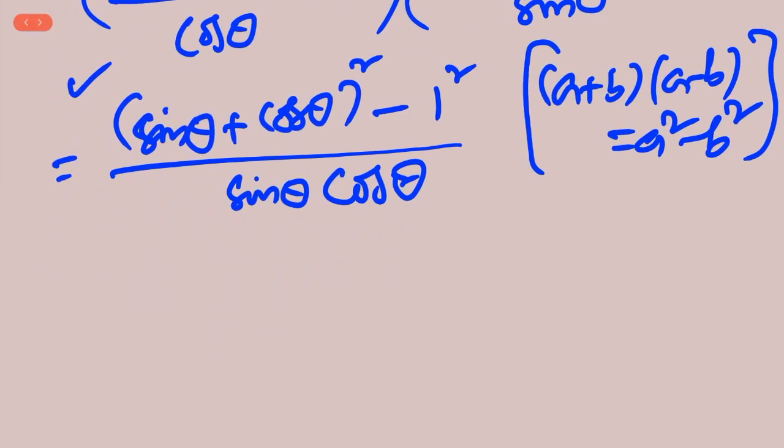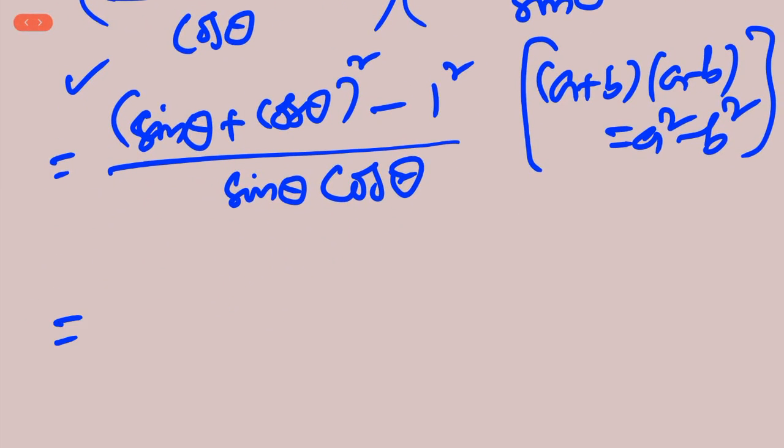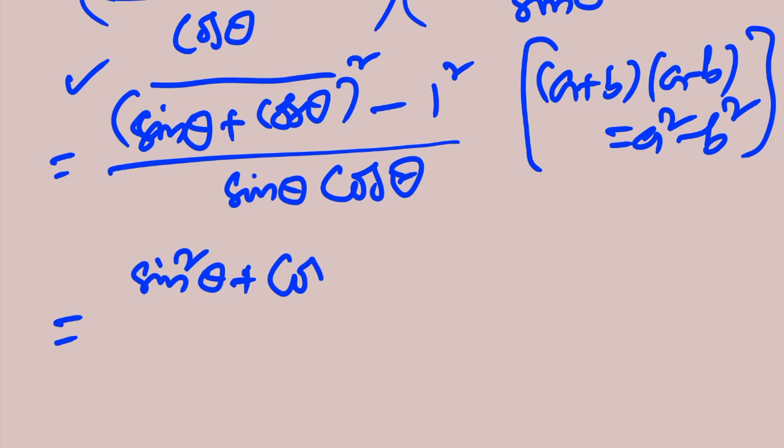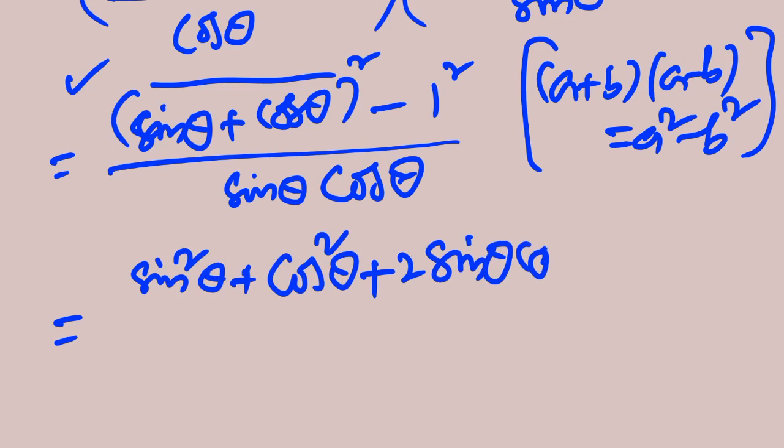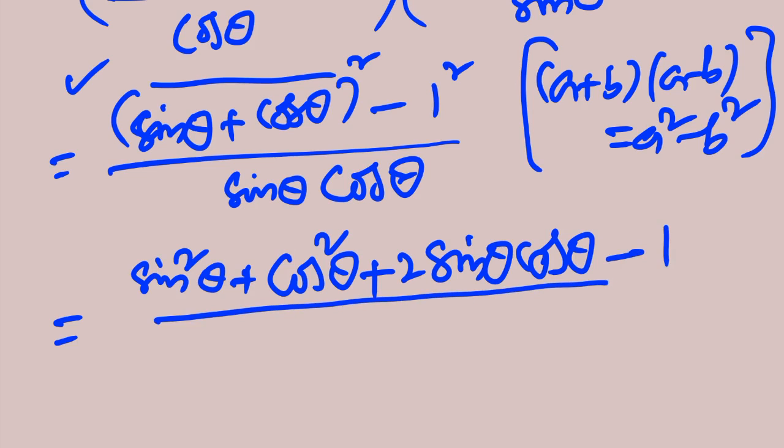After this, if I write in this form, it is in the form of a plus b whole square. So according to that, a square plus b square plus 2ab, in that way I can write it. So sine square theta plus cos square theta plus 2 sine theta cos theta minus 1 square, divided by sine theta into cos theta.